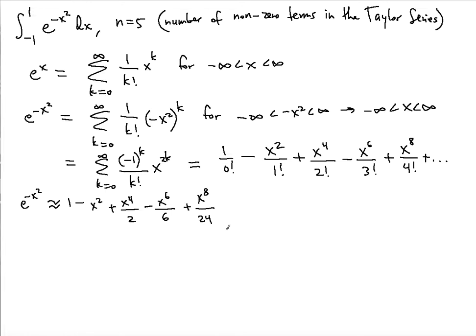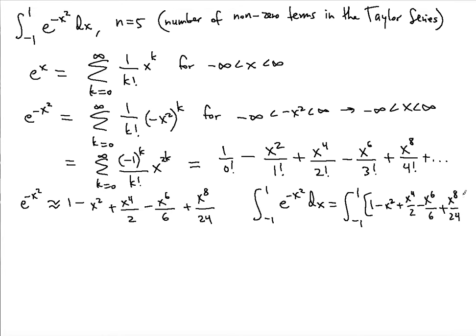Right? So we can write this integral now. The integral from -1 to 1 of e to the negative x squared dx is actually the integral of 1 minus x squared plus x to the 4th over 2 minus x to the 6 over 6 plus x to the 8th over 24 dx.